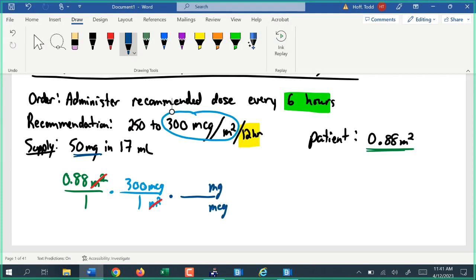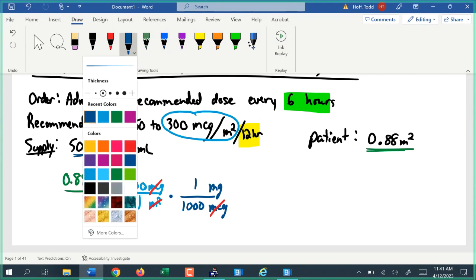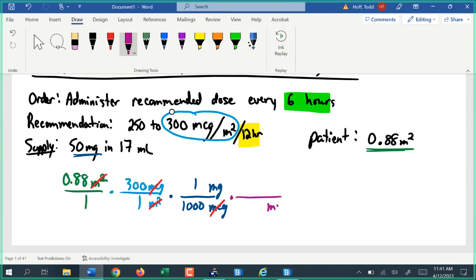Going to milligrams, and we just know this from our standard conversion tables, 1 milligram is 1,000 micrograms. So the micrograms cancel out. But we still need to keep going with this. We have to get rid of the milligrams. We have 50 milligrams in 17 milliliters. So the milligrams cancel out, and now our units are milliliters. And that is a volume. That is something we can administer to our patient.